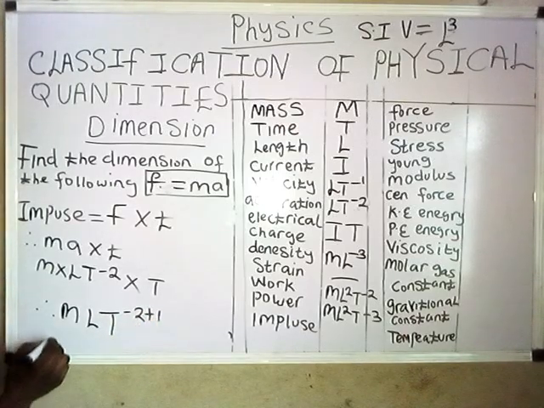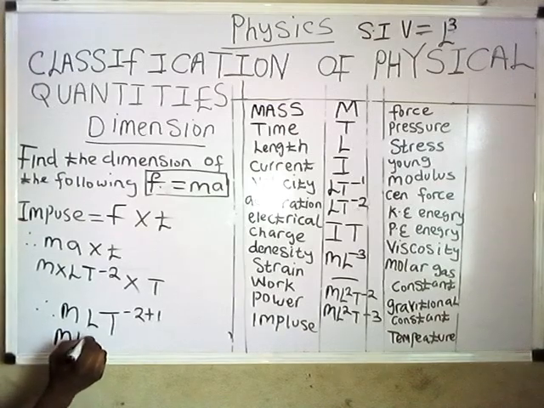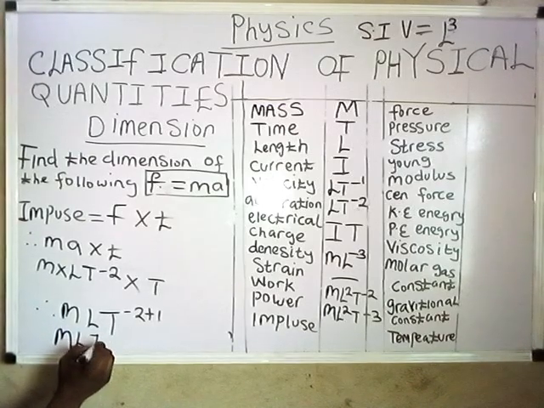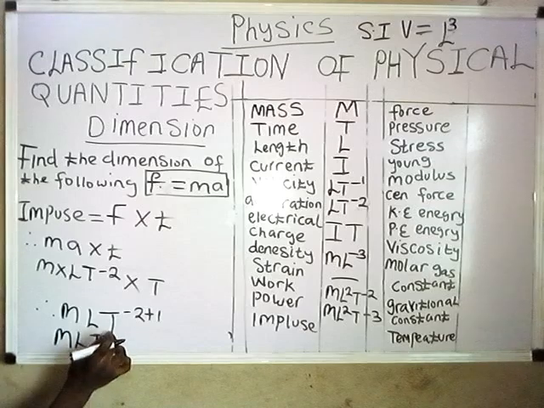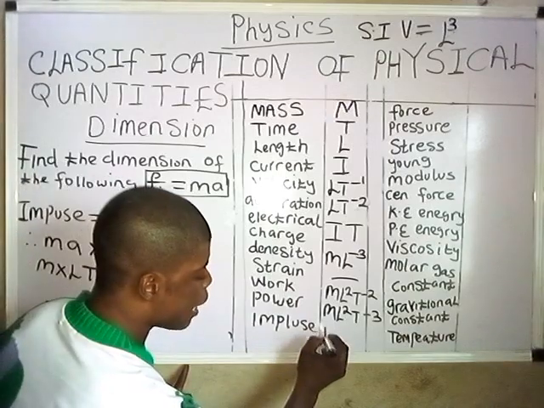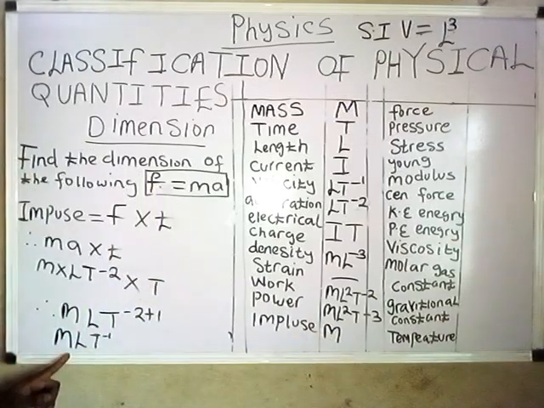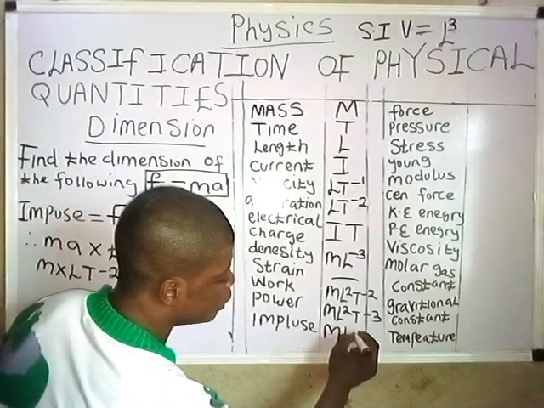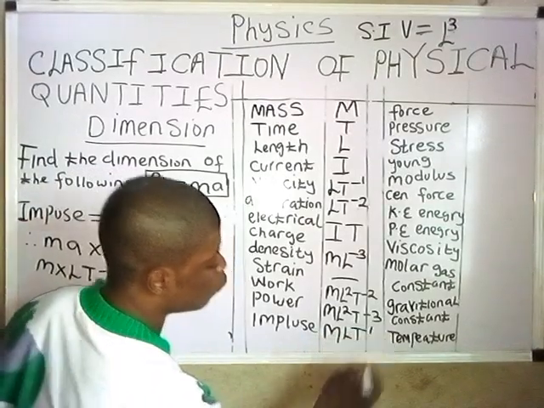So the dimension for impulse is M L T raised to power minus 1.